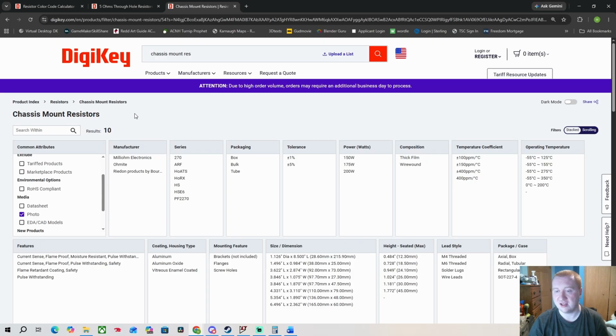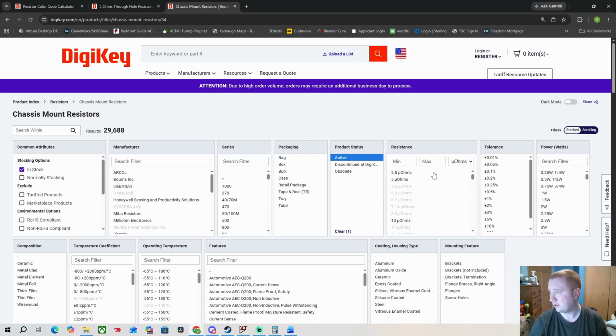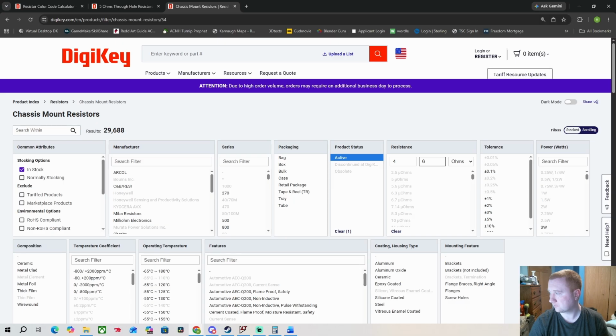chassis mount resistors. Think of boxes or metal. They're called chassis. You literally screw down these larger parts onto a metal plate or chassis. That's all that means. So in this category, you're going to have a lot higher values for power. Let me just show you the process really quick. It's the same kind of thing, so let's say 4 to 6 again.